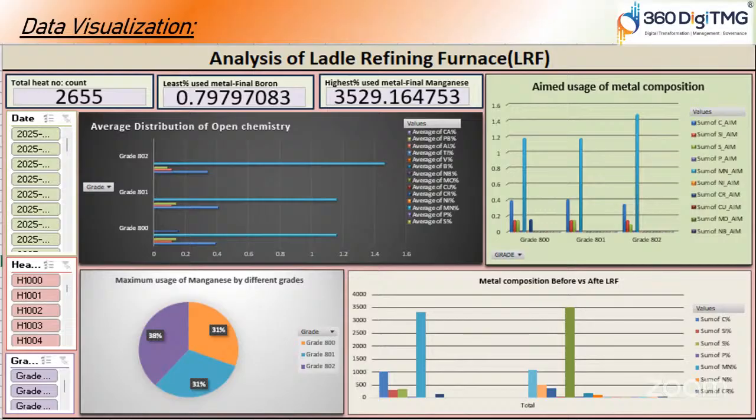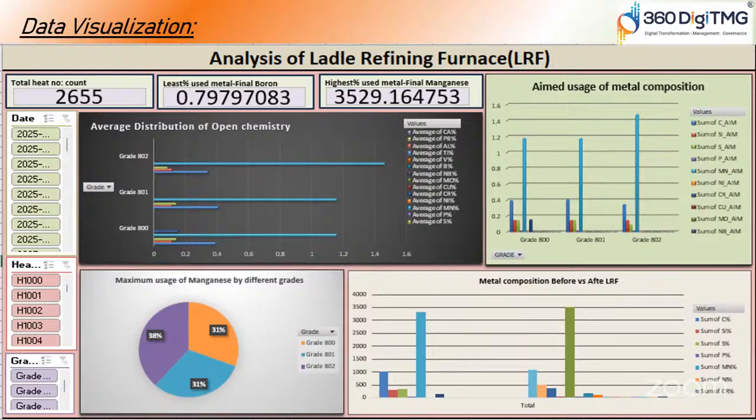And then a pie chart showing maximum usage of manganese by grade. Grade 802 contributes 38% of manganese usage, and grades 800 and 801 have approximately 31% each. So it indicates manganese demand is heavier in higher grade steel.